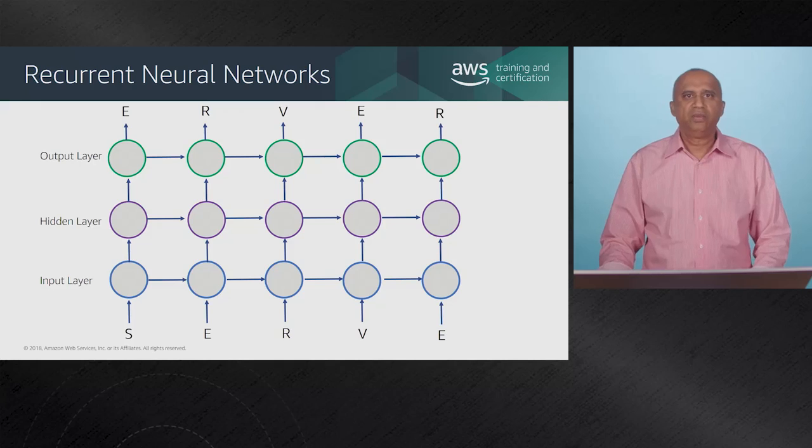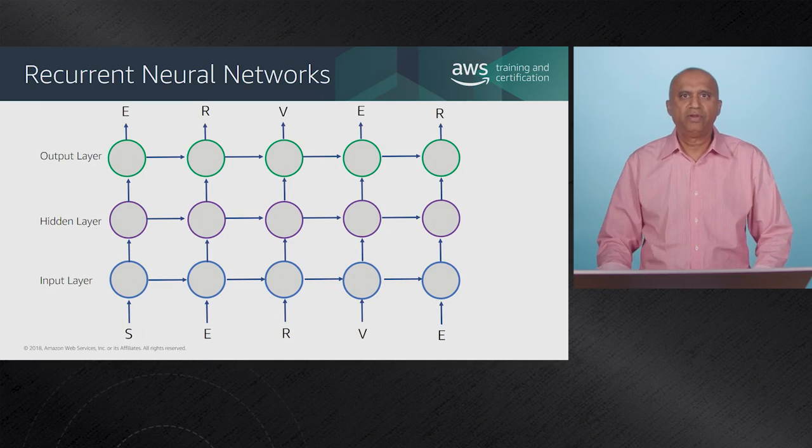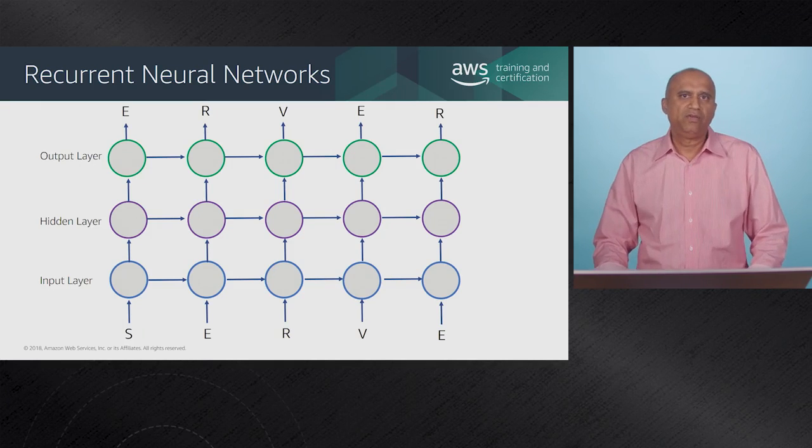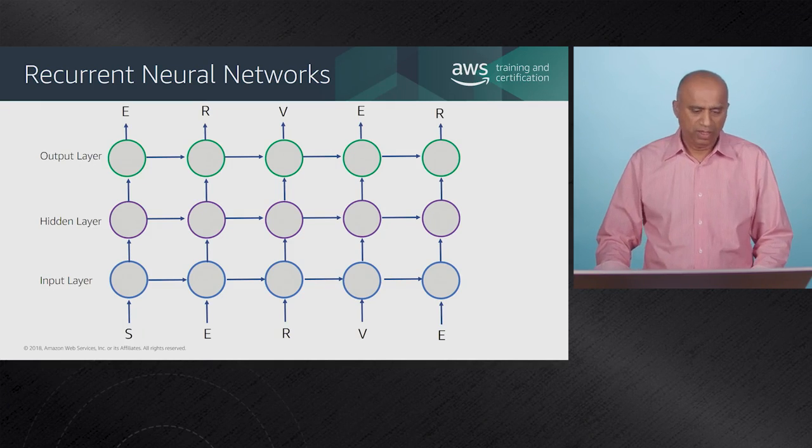For example, in this high-level conceptual illustration of a recurrent neural network, we have the input layer, an output layer, and all of the hidden layers. Within the input to this recurrent neural network, there are a set of characters, but they do have meaning as a sequence.